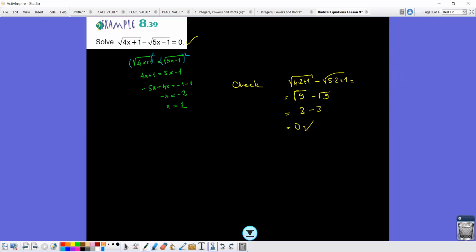Now here we have another question. But here, as you see, we have two radical expressions. It's harder. In these cases, you can directly take the square of both sides as it is, but it will be a very long solution.